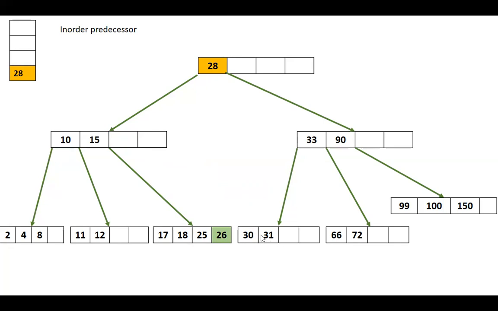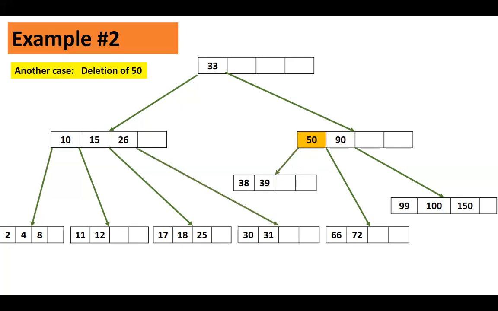And this node has only the minimum required keys, so it cannot be replaced by 30. So we will be replacing it by the in-order predecessor, that is 26. So 28 will be replaced by 26. Fine. I hope the concept is clear whenever you are carrying out a deletion in an internal node. And when you are deleting a root node, replace it by the in-order predecessor or in-order successor, provided they have more than the minimum required keys. Otherwise, you need to carry out a merge.